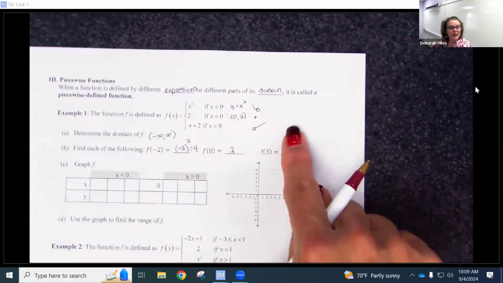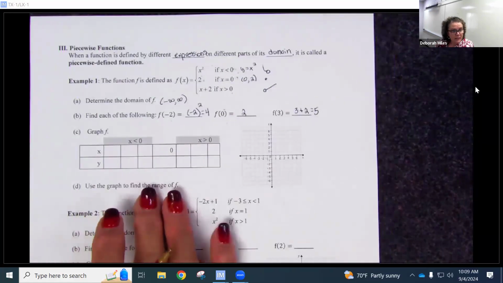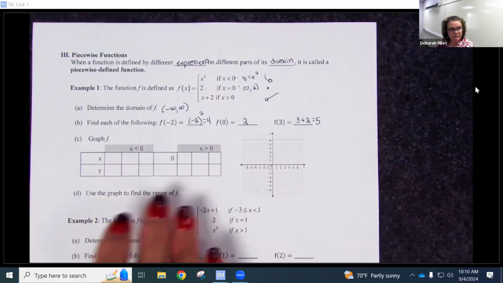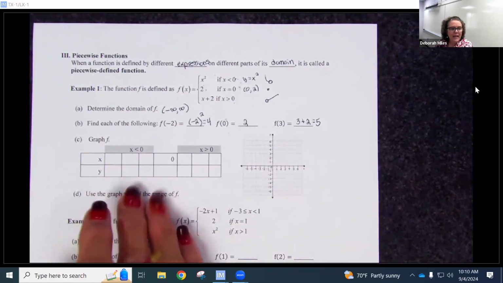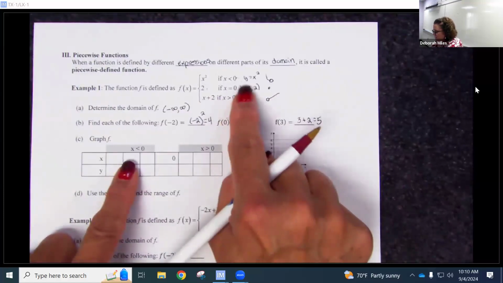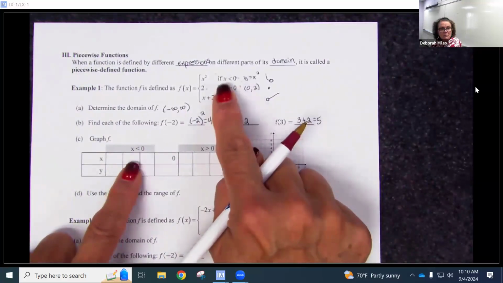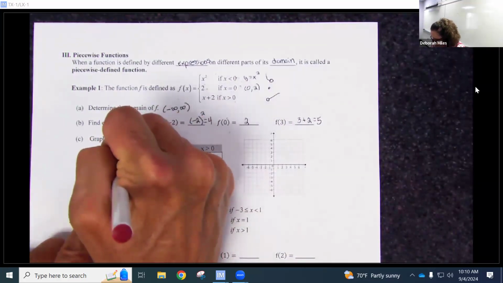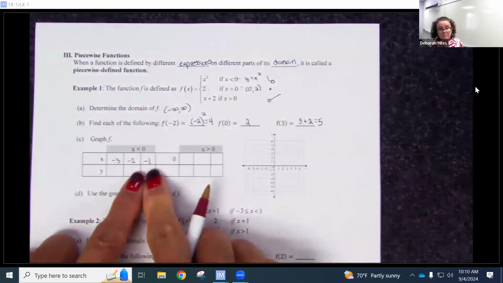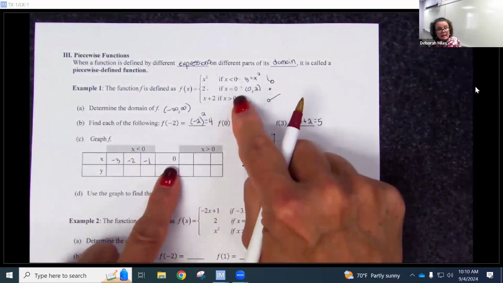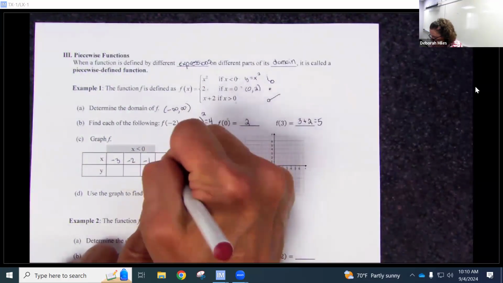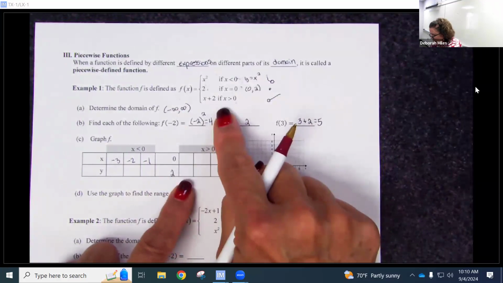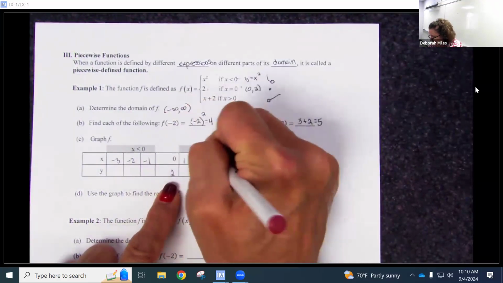To figure out where they go on my graph, I'm going to use a table. You may get to the point where it's not necessary to use a table, but for our first one, certainly we need to make a table. And I'm going to choose some x's from this part of the domain, some x's that are less than 0. Let's say -3, -2, -1. And then I'm going to let x be 0. Well, I already know what y is when x is 0. And then I'm going to choose some positive x's, maybe 1, 2, and 3.